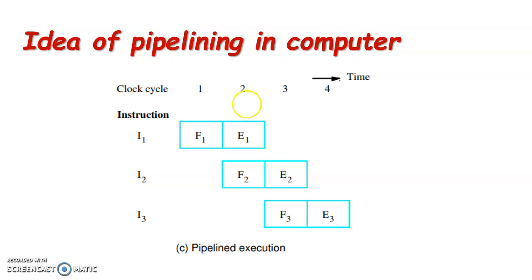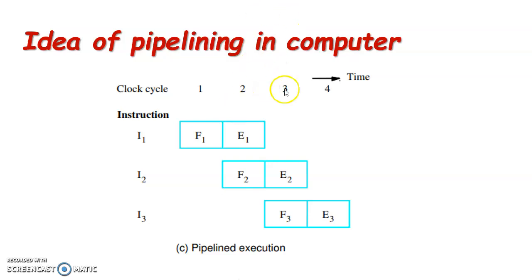At the end of the second clock cycle, the execution of the first instruction is completed and the fetch unit fetches the second instruction that is now available in the buffer B1.